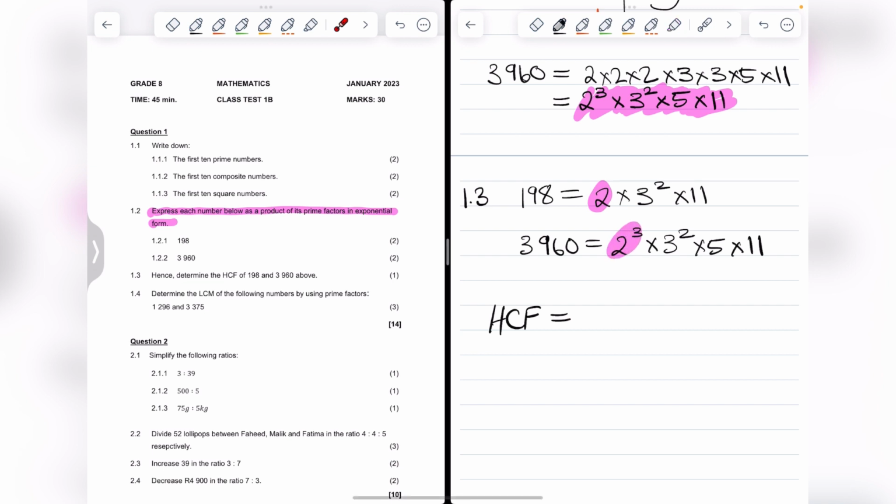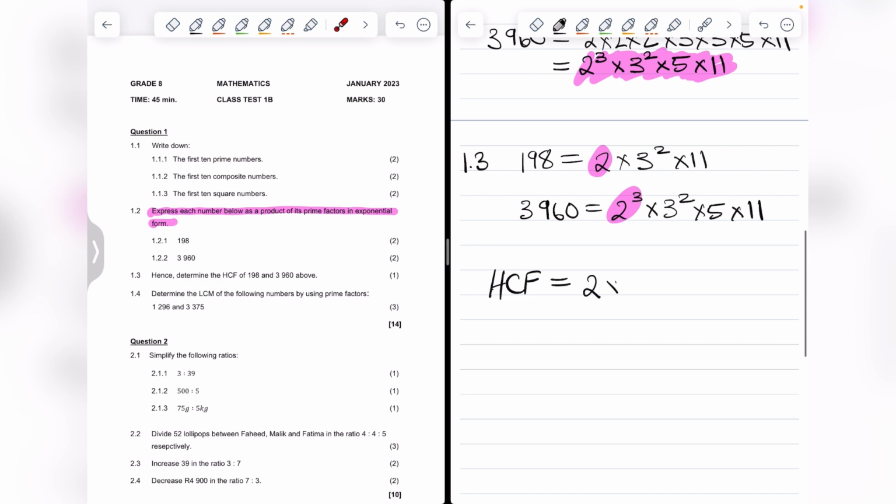So I'm going to write 2, but of course I'll write the 2 that is a factor for both sets. So in other words, the 2 with the smallest exponent, because I can't choose 2 to the power 3 because 2 to the power 3 cannot divide into 2. So I choose the one with the smallest exponent. So that is 2 to the power 1. Okay, so that is common.